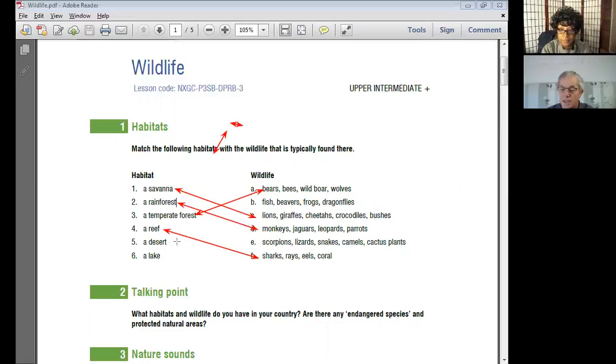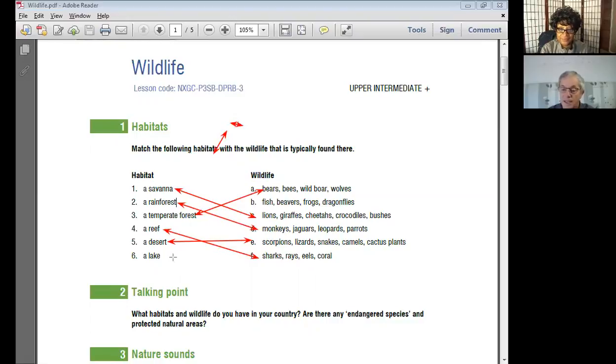In a desert, we can find scorpions, lizards, snakes, camels, and cactus plants. Okay. In a desert, we can find scorpions, lizards, snakes, camels, and cactus plants.